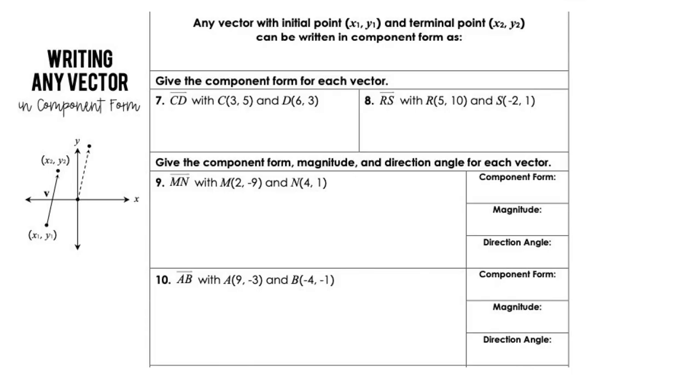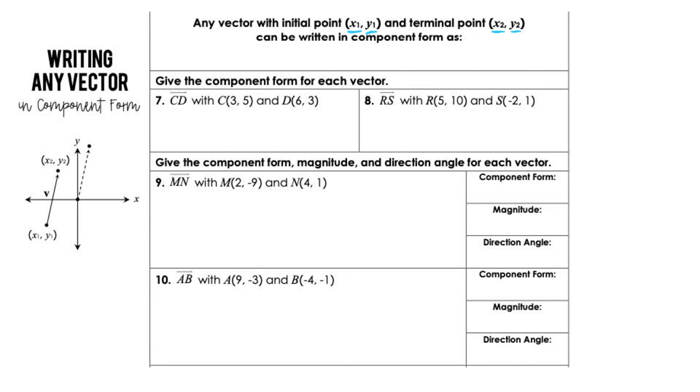All right, so to find a vector in component form, all you have to do is subtract these x1 and x2 and then y1, y2.